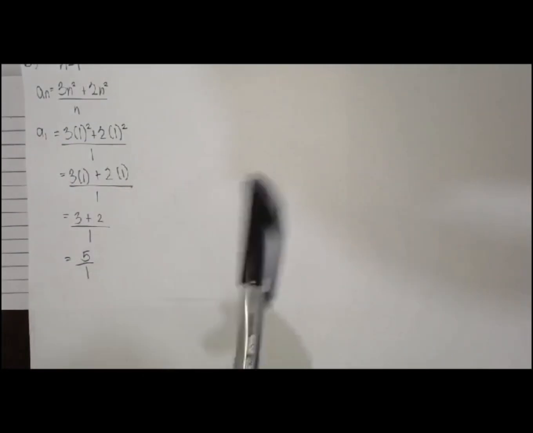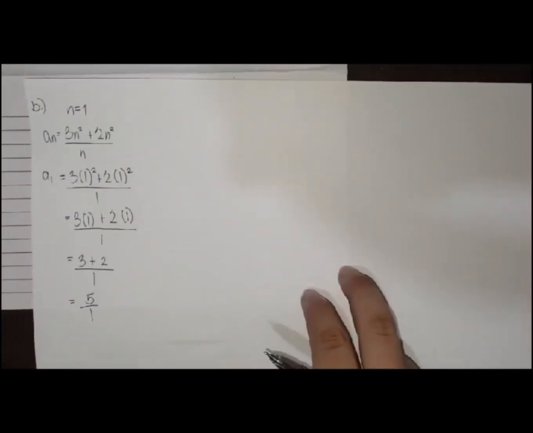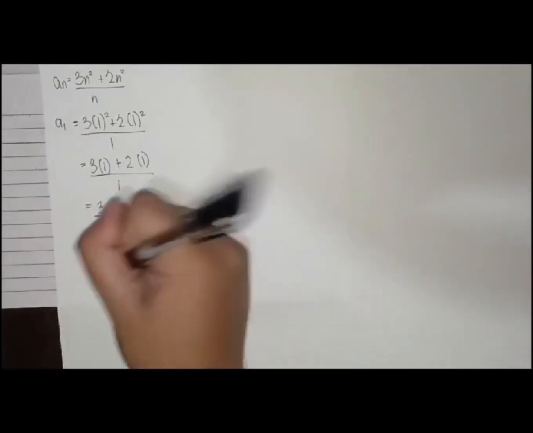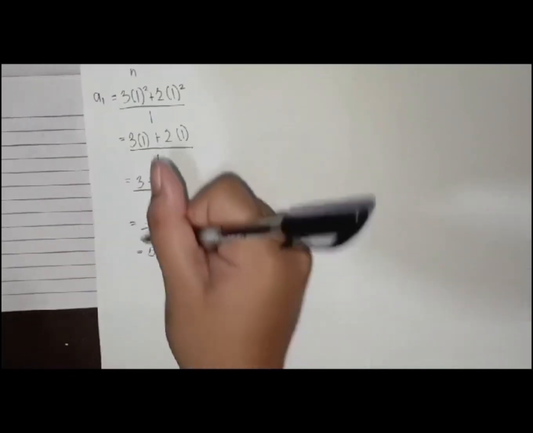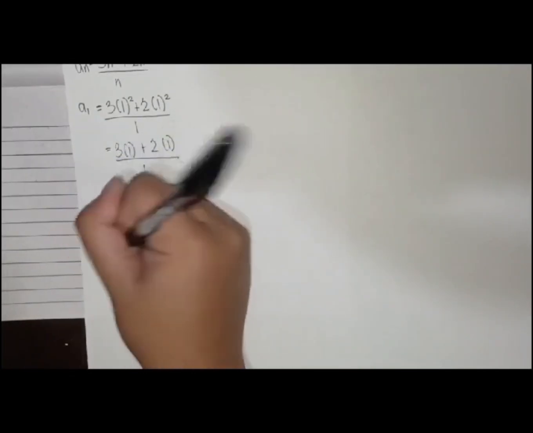Since we can simplify this fraction, let us simplify it. It is just easy. So 5 divided by 1 is equal to 5. So the value of our first term is 5.